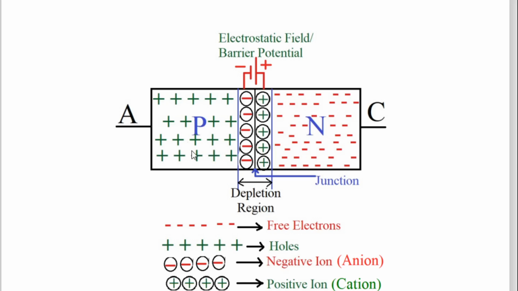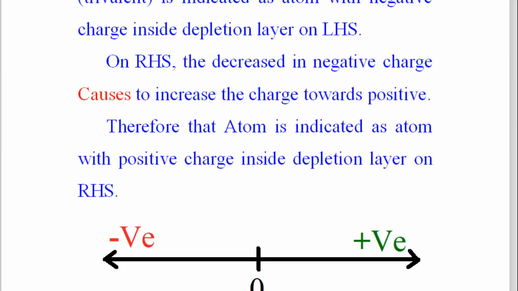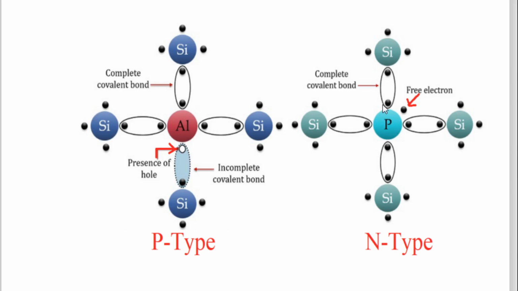All of you know very well, because I have already explained by taking a single atom of pentavalent impurity doped into silicon, meaning n-type material, combined with a single atom of aluminum impurity, which is trivalent, doped into silicon, that is p-type material.